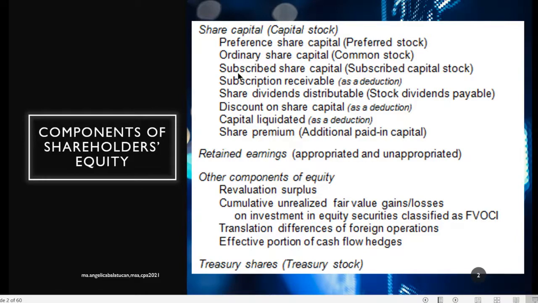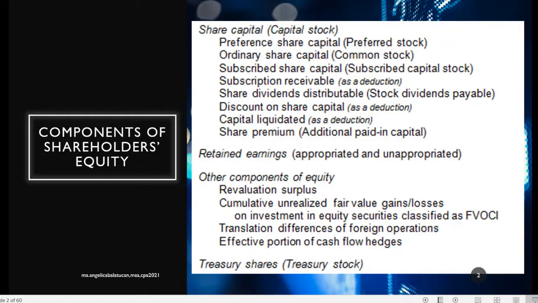And we have the subscribed share capital, either for preference, if we have preference, and also for the ordinary share. Individually, they have their own subscribed share capital. If you have identified that the subscribed share capital is for preference share, you can just simply record it as subscribed preference share.